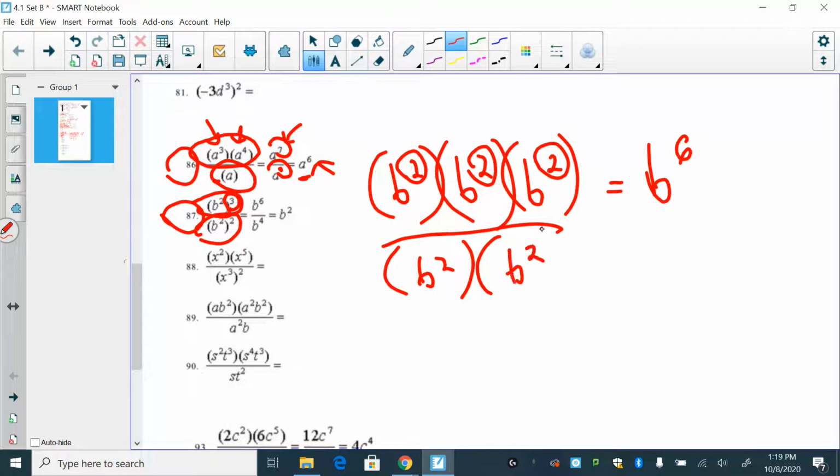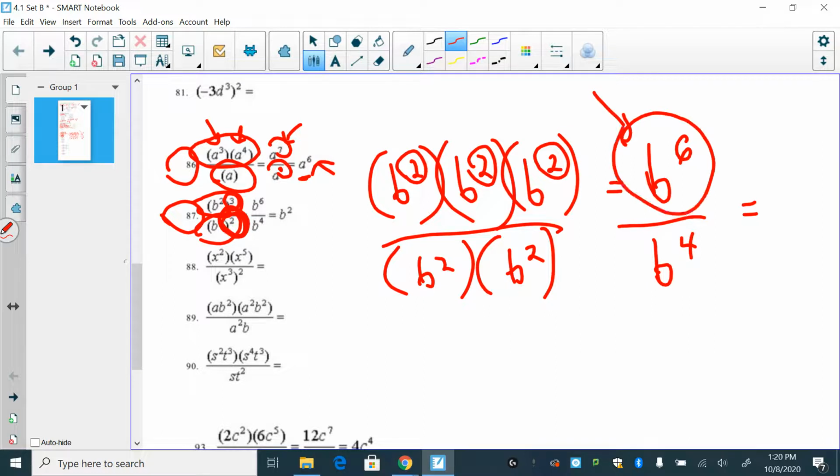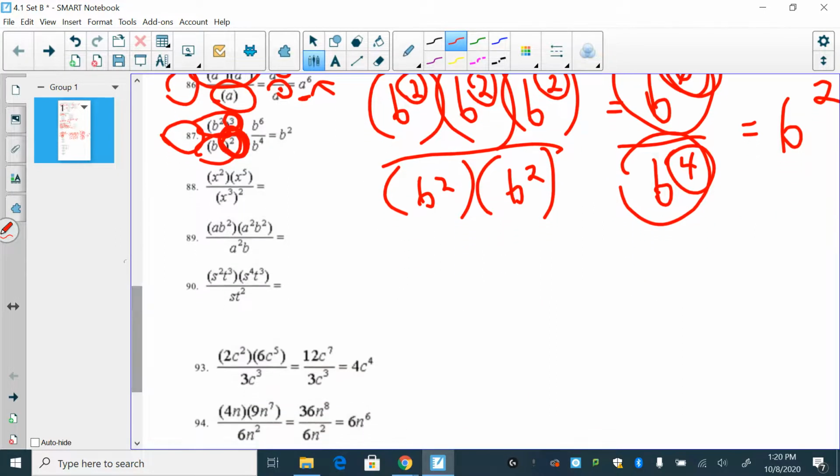So b squared, because that's what this is saying right here. So I'm going to add those. So b to the 4. And then now since I only have one here, one exponent divided by another exponent, now I'm going to rewrite the b, and it's 6 minus 4. That's 2.